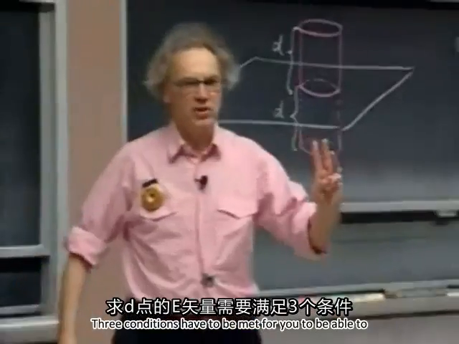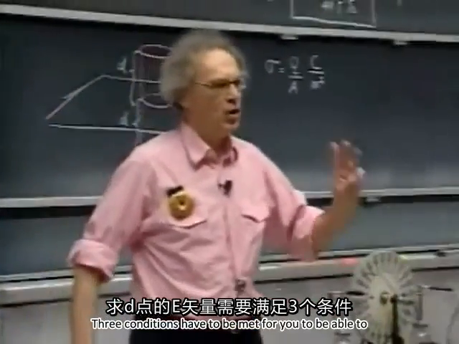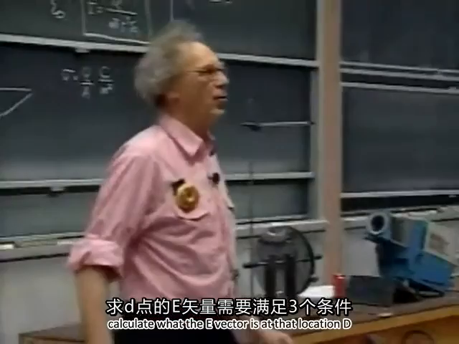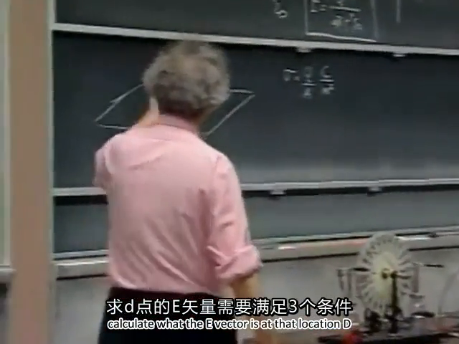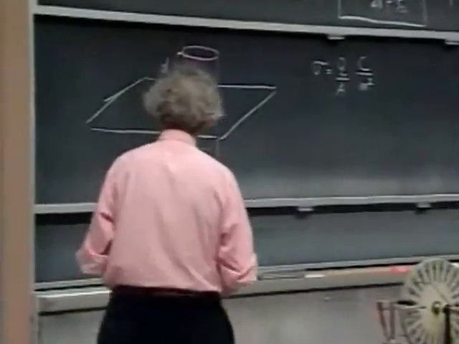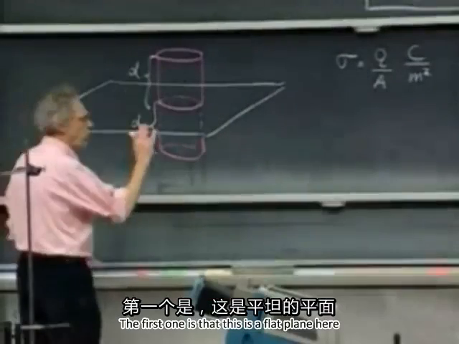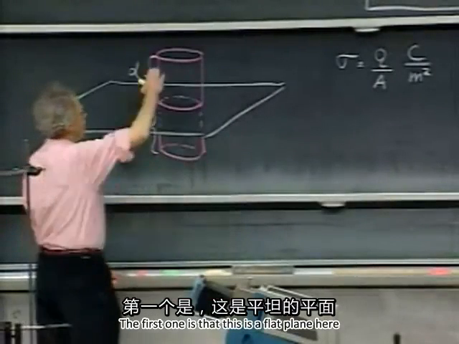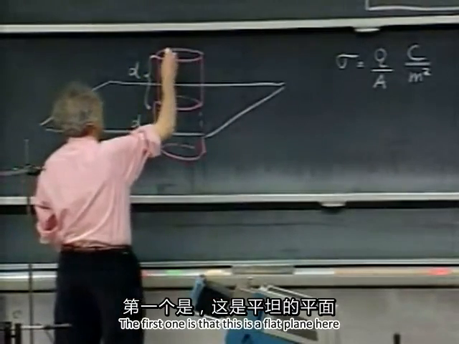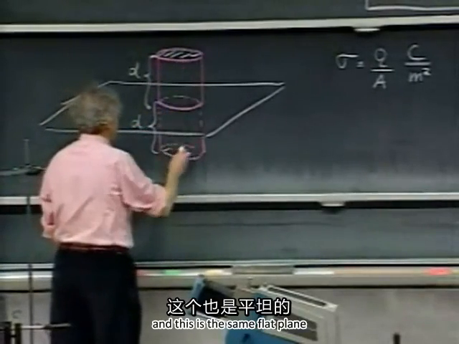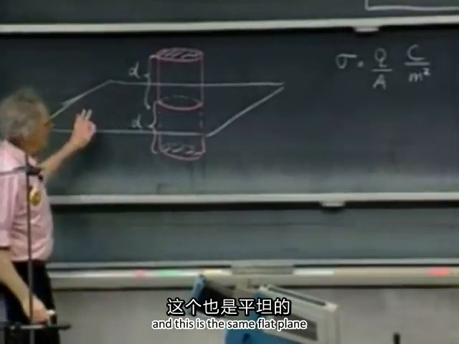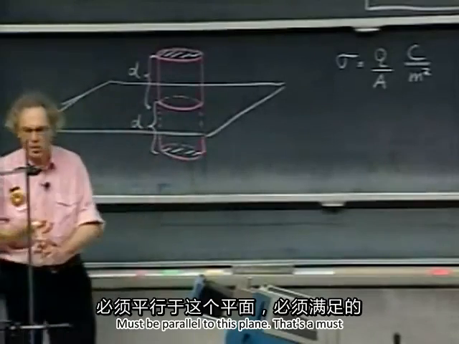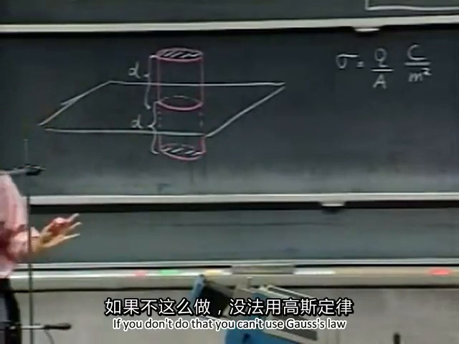Three conditions have to be met for you to be able to calculate what the E vector is at that location d. The first one is that this is a flat plane here, and this is the same flat plane, it must be parallel to this plane. That's a must. If you don't do that, you can't use Gauss' law.